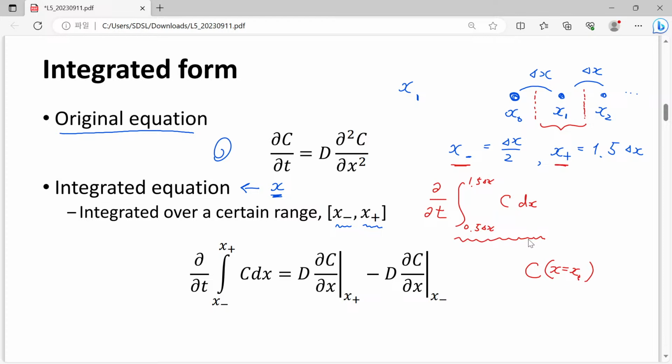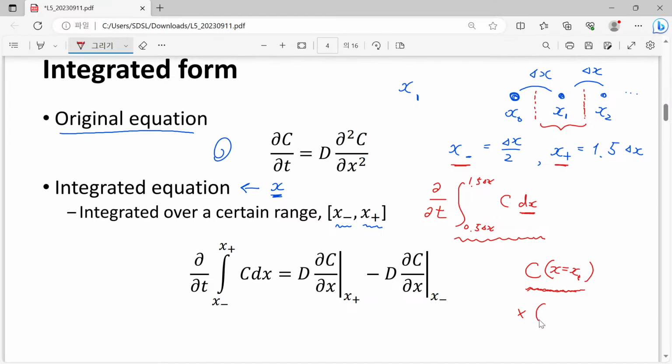Everybody understand this quantity is well represented by its center value at x1. Of course, there is a difference in unit. The upper one is the integrated c value, and this one is just c itself. So in order to match the unit dimension, we also have to multiply this length scale. Then what is the required length scale? The length scale required here is simply the difference between x plus and x minus. So are you with me?